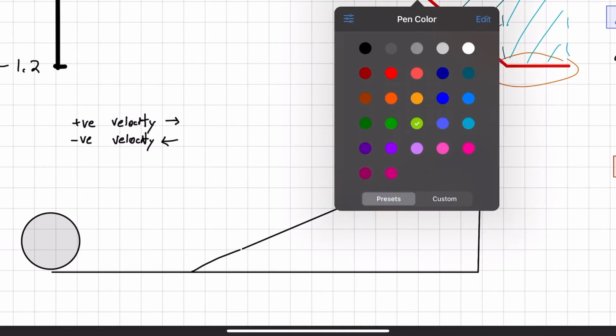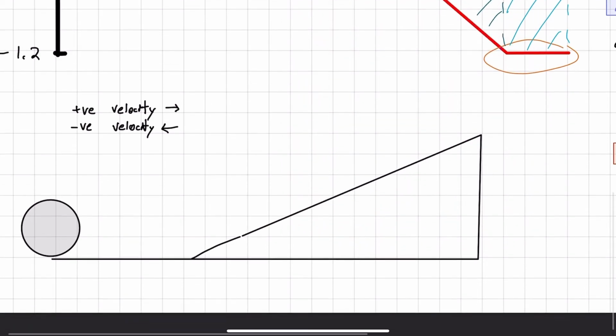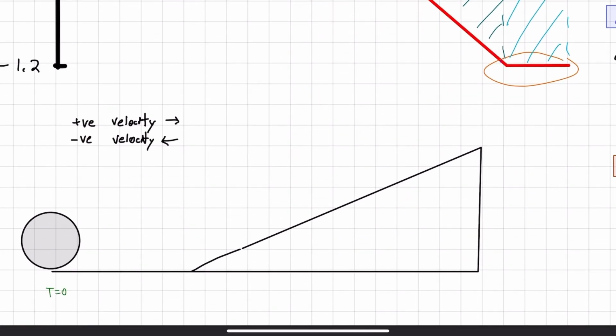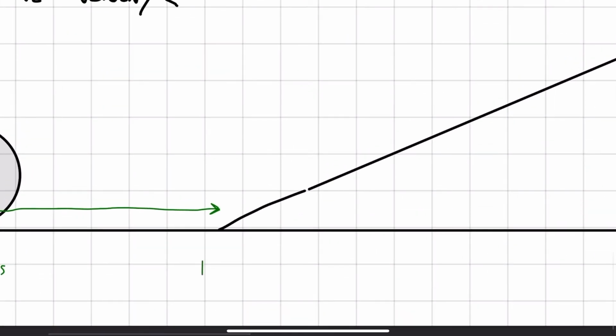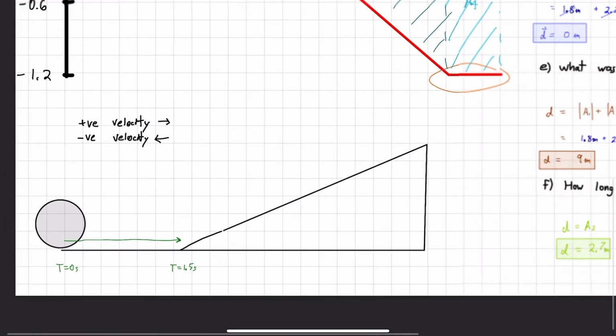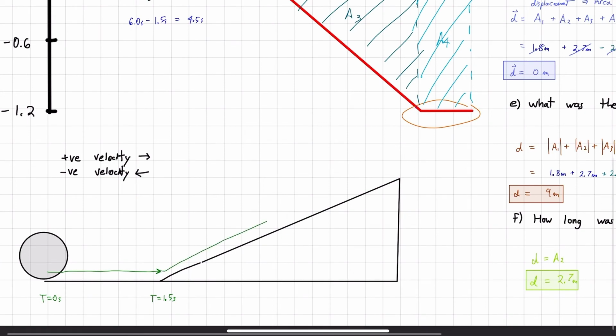So what we see here, when time equals 0, our ball sits and it is rolling with a constant velocity on the ground until time equals 1.5 seconds, at which point it begins to roll up the hill.